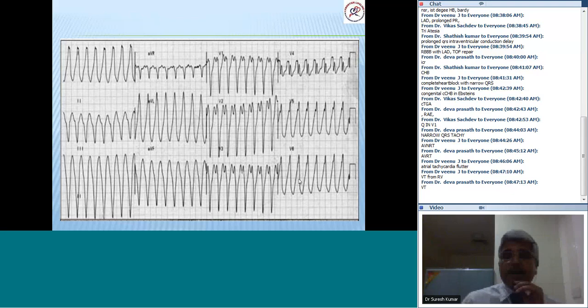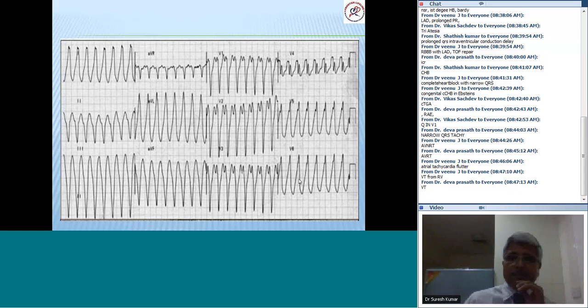A right ventricular tachycardia could occur in a repaired tetralogy or some other condition where there has been an RV scar, or it could occur in an otherwise healthy person originating from the RV outflow tract as an RVOT tachycardia. But an RVOT tachycardia has an inferior axis. A left axis deviation is not a feature of an RVOT tachycardia.